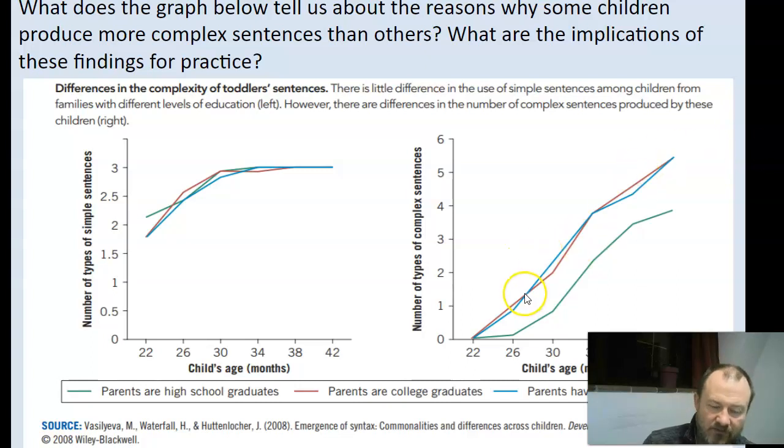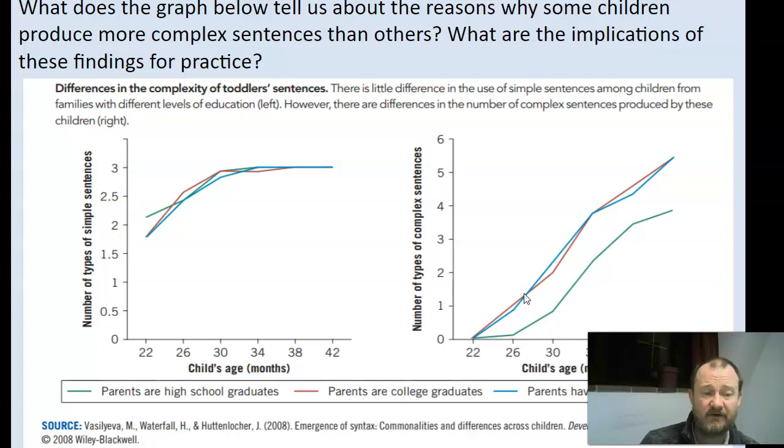So clearly, if you think about this from a practitioner perspective, it does matter whether the early childhood practitioners have a degree or not, because one would expect that those with a degree, based on the evidence here, would have more sophisticated vocabulary and more sophisticated sentences, and that is going to impact the children's language development.